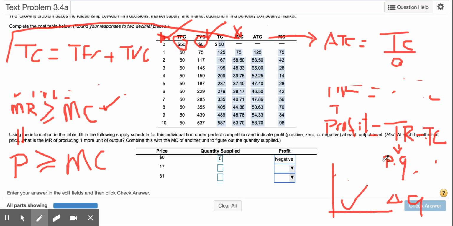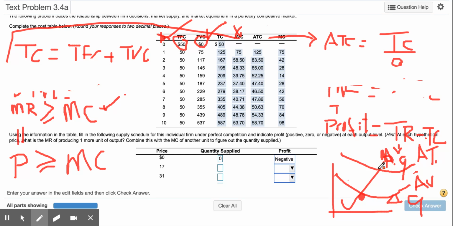We got this for the marginal, this is the average variable cost, and something like this for the average total. We know that we don't want to produce below this one. This is the shutdown price.